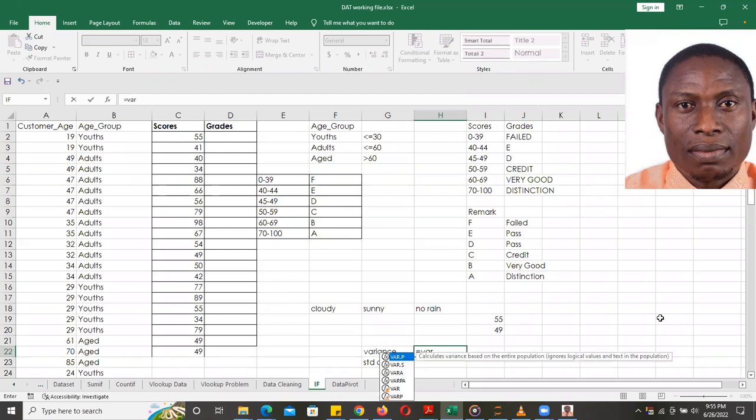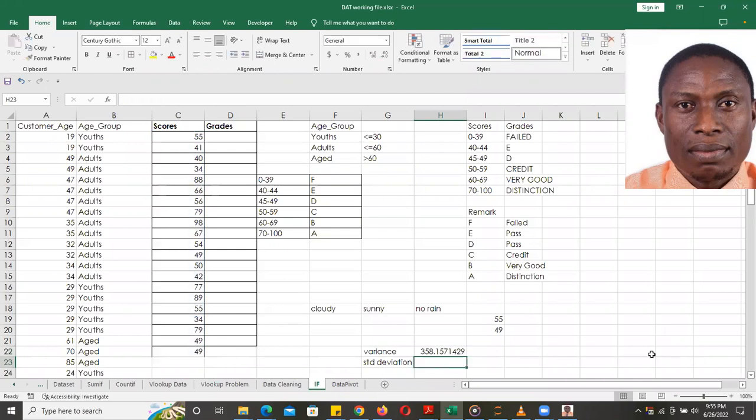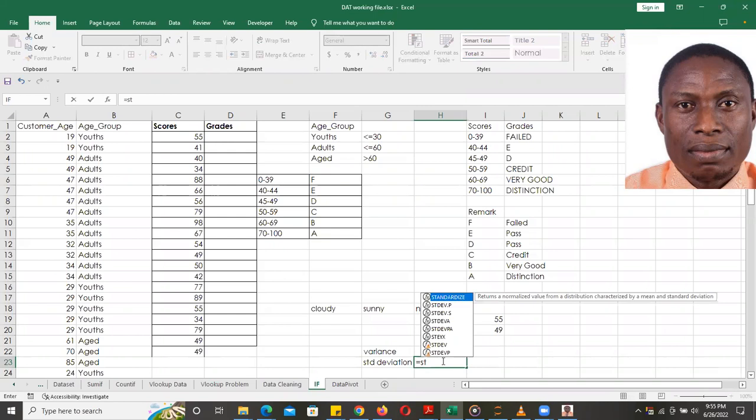We have VAR. This is our variance. VAR, variance. So we want to get the variance of this. Very easy. If you want to get the standard deviation, you just do STD, standard deviation, STDEV.